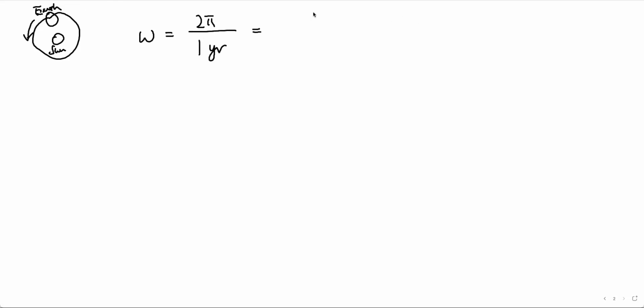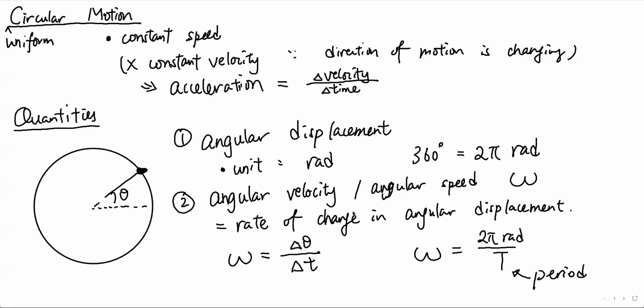Remember, you need to convert the year to second. The SI unit for angular speed should be radian per second. Okay, radian per second. Not difficult at all, is it?